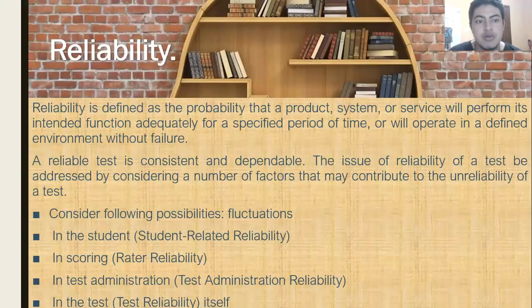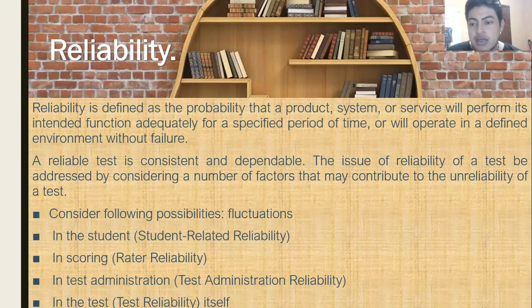The second principle is reliability. It's defined as the probability that a product, system, or service will perform its intended function adequately for a specified period of time or will operate in a defined environment without failure. A reliable test is consistent and dependable.